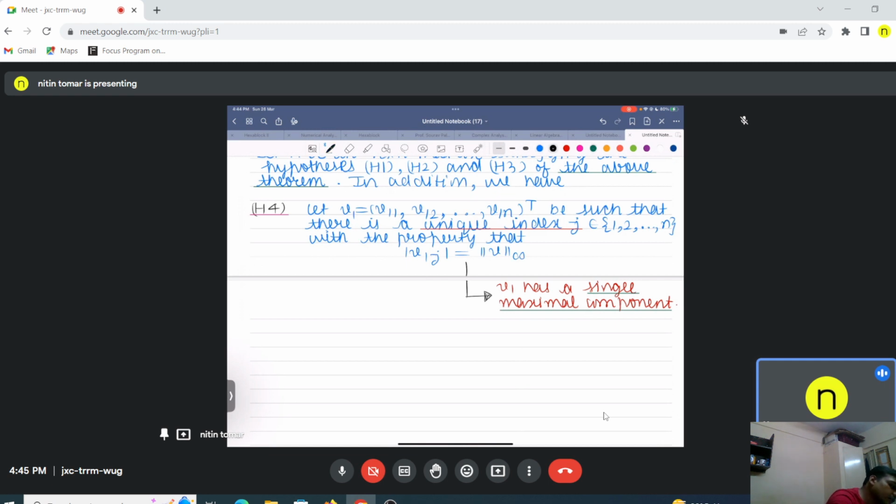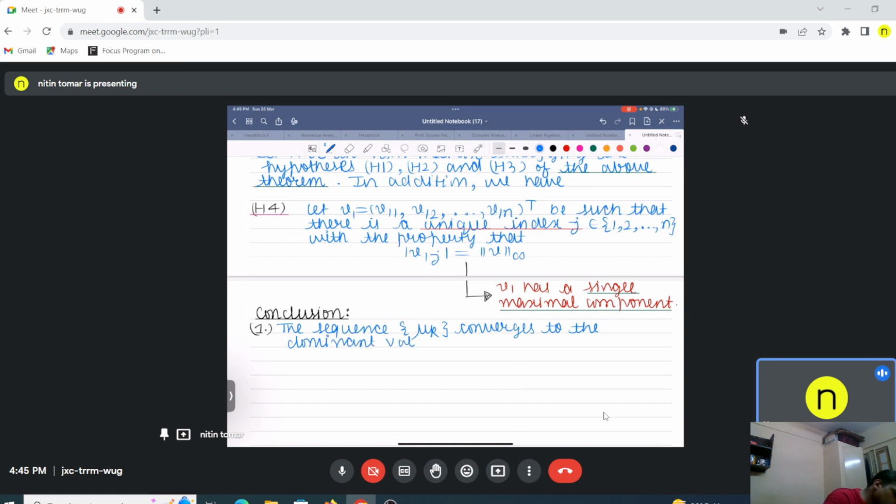So then the conclusion will be, number 1, the sequence mu k converges to the dominant eigenvalue lambda 1.